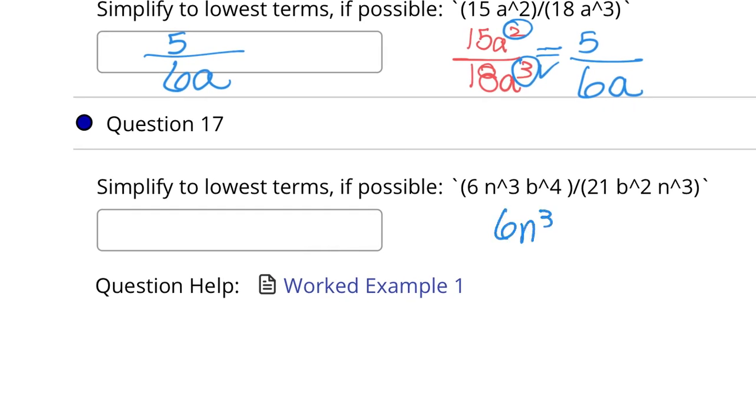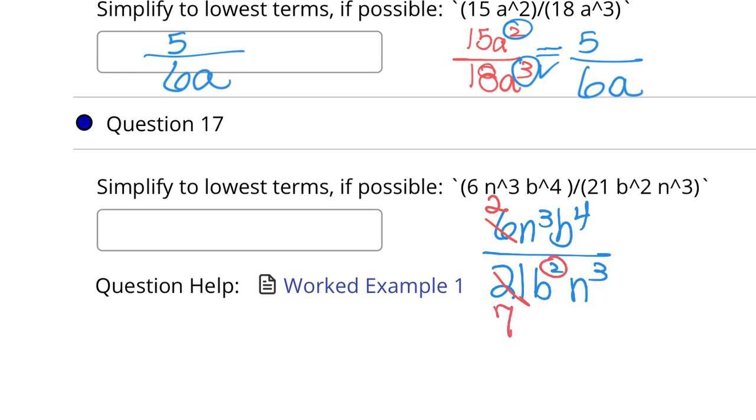All right, here we go. 6n to the third b to the fourth over 21b squared n to the third. So they're all just being multiplied. 6 and 21 have a common factor of 3. So that leaves a 2 and a 7. There's 2 b's down here, 4 b's up here. So that will leave b squared in the numerator.